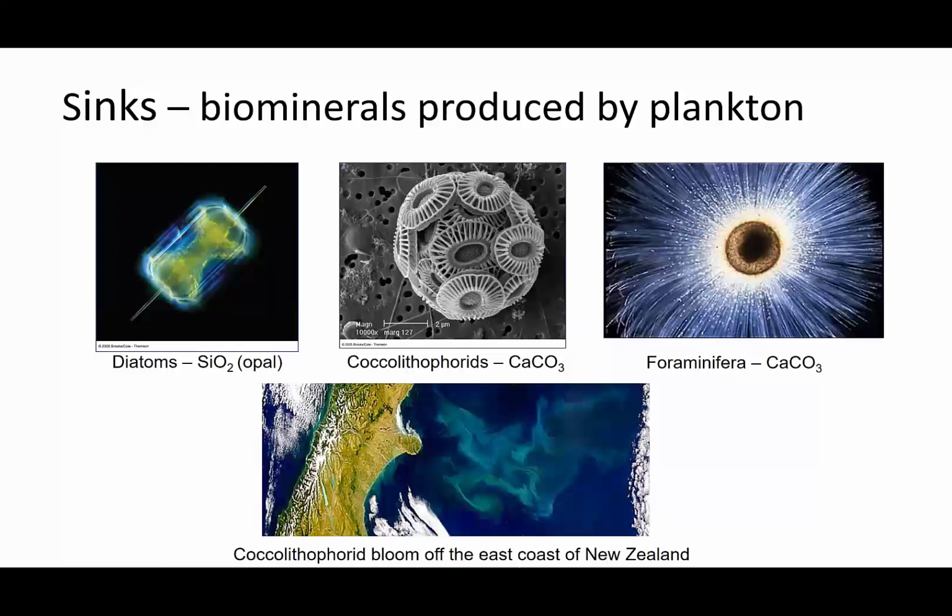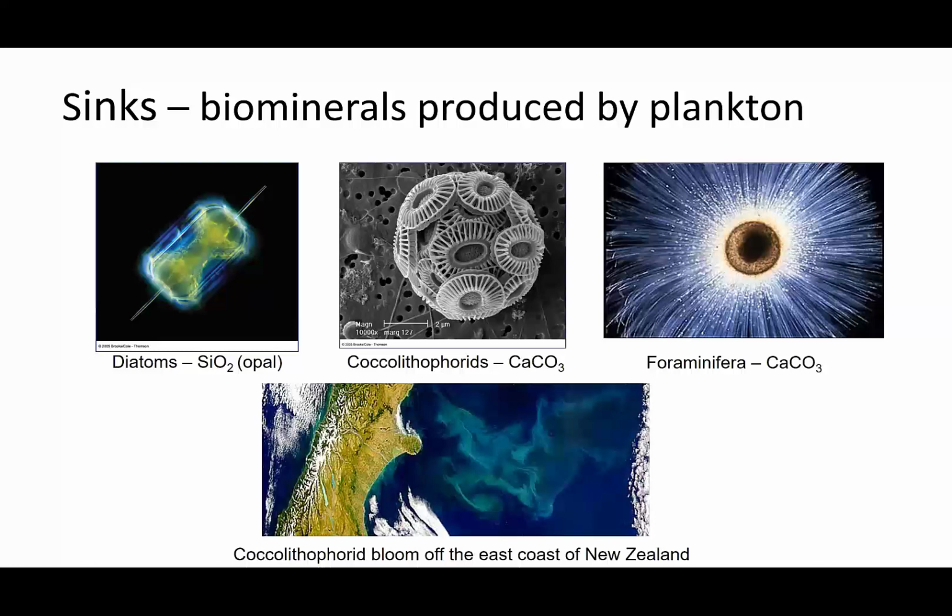Biology is particularly important because a whole range of plankton, whether it be phytoplankton or zooplankton, form tiny little shells or skeletons, where the material that forms those shells and skeletons is actually extracted from the seawater.